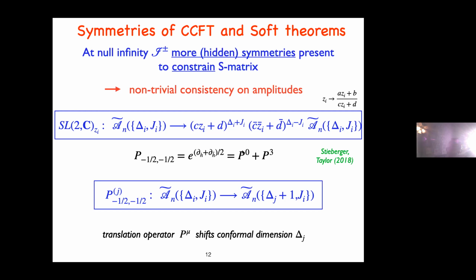Well, you can take, for example, this combination of the momenta, which is called null momenta. And if you apply this operator on this type of expression here in the four-dimensional scattering amplitude, and then you apply the Mellin transform, you find that this combination in momentum space corresponds on the celestial CFT to an operator that shifts the conformal dimensions.